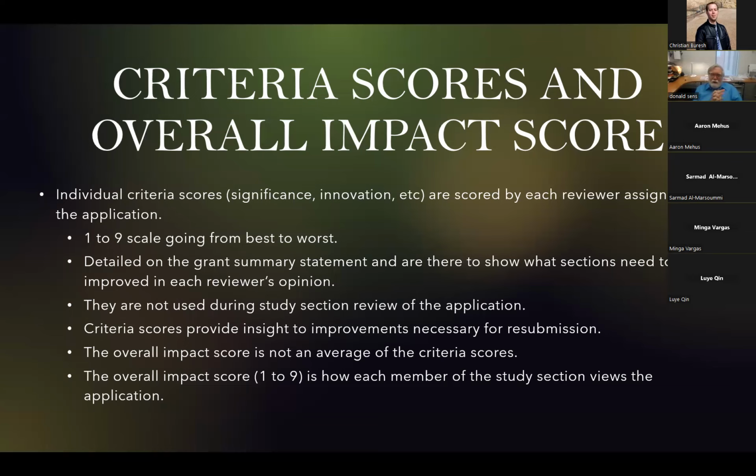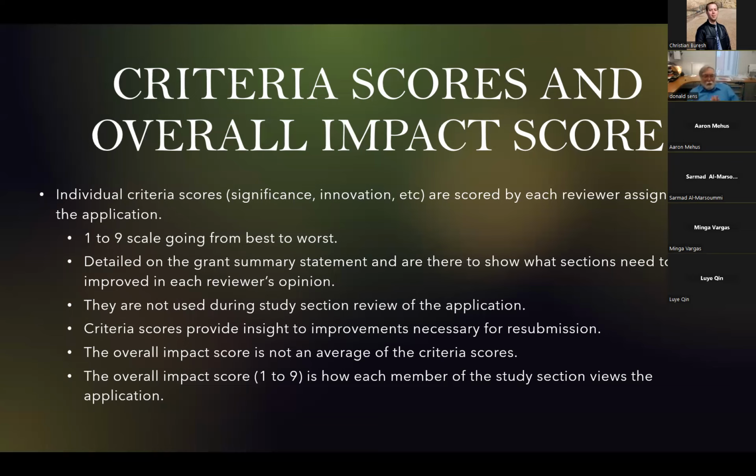Okay, so overall impact score is not an average of those. When new investigators first get their scores back on NIH and see their study section summaries, they'll want to add them up and divide them and ask, why doesn't this make sense? That's not what they're for. They help the reviewers, and they help you understand how your grant was looked on by the reviewers.